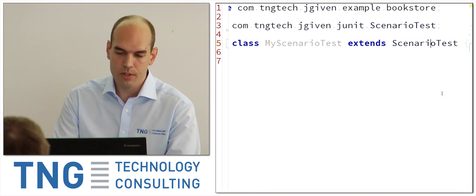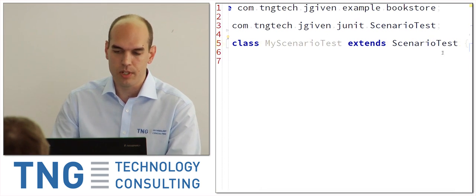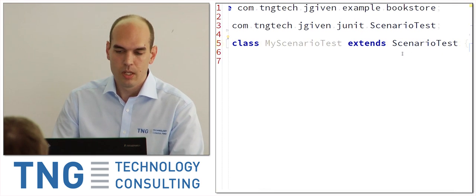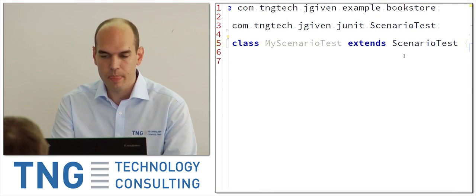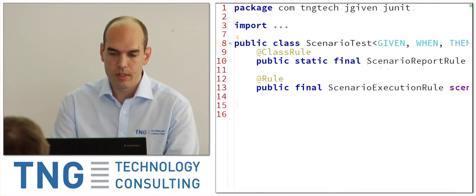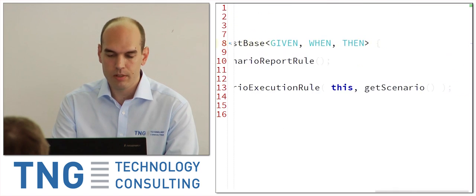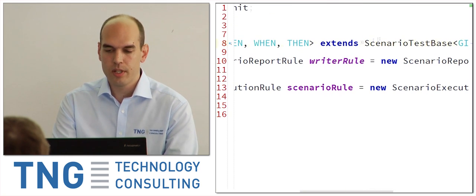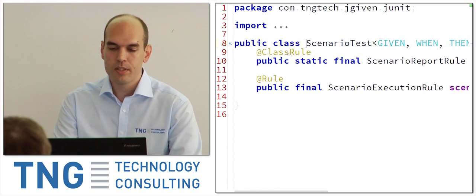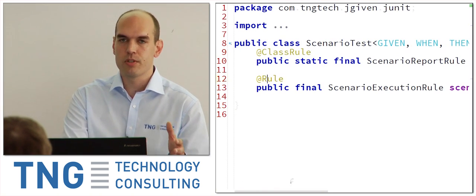So you are not forced to extend from it, but typically you would extend from the ScenarioTest class. The next thing is that you have to provide three type parameters. These type parameters, which I will explain later, represent so-called stages or stage classes. And these classes contain the implementation of your steps.